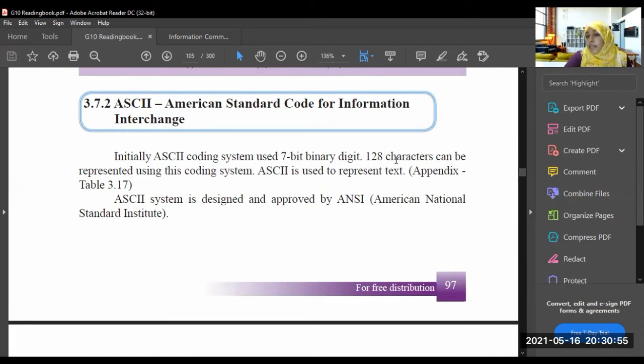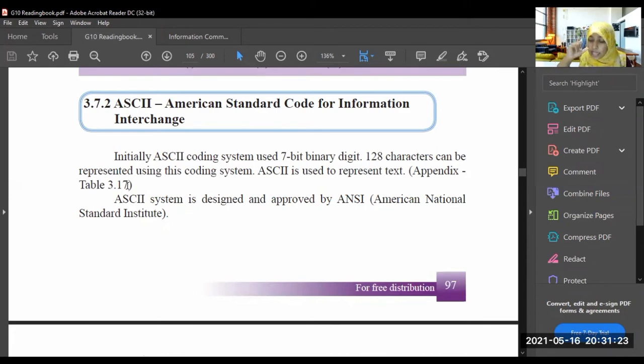128 characters can be represented using this coding system. So how many characters can be represented using ASCII? 128. ASCII is used to represent text. If you go to your book, in appendix table 3.17, you can find the ASCII table.